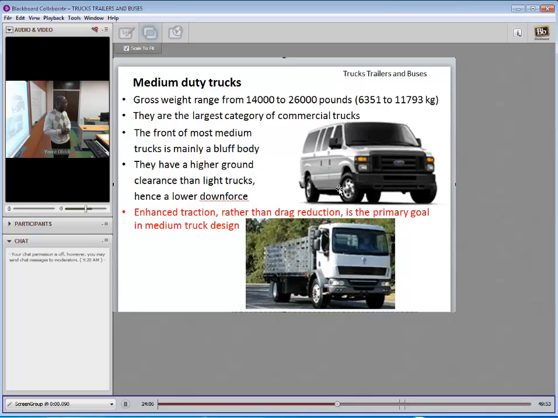Medium trucks have a higher ground clearance than light trucks. They're a little higher, and so they have a lower downforce. And we want downforce. Recall, we do want downforce.